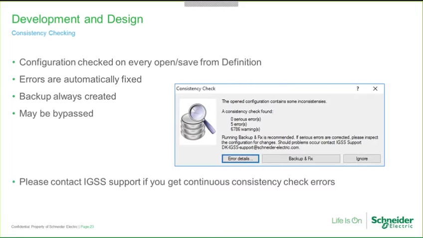The recommendation is to say backup and fix, and you cannot just fix, you'll always have a backup created, and that will be put in the new backup folder hierarchy I showed you earlier. If you get continuous consistency check errors, please let us know so that we can fix the underlying bug.